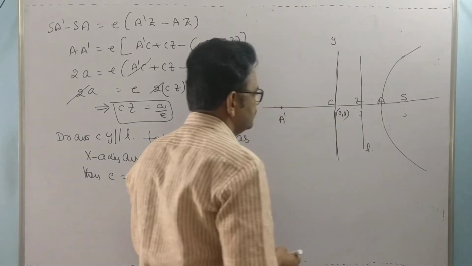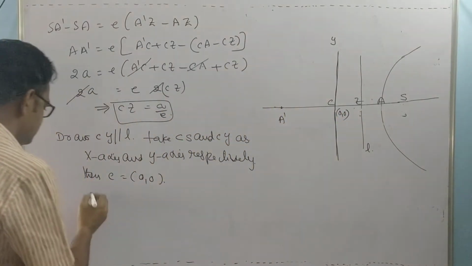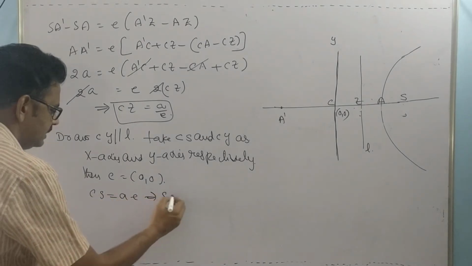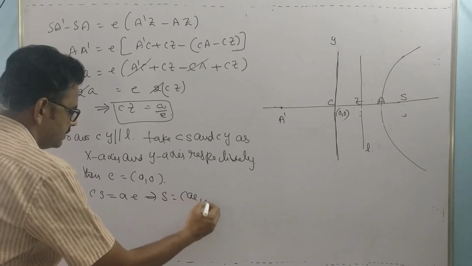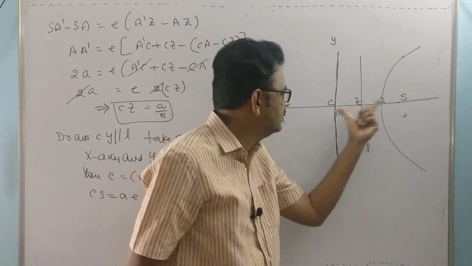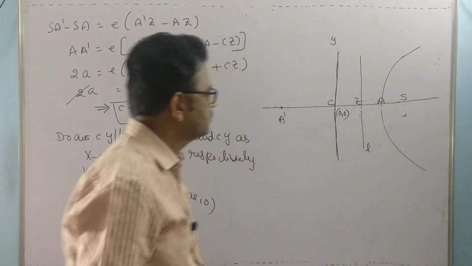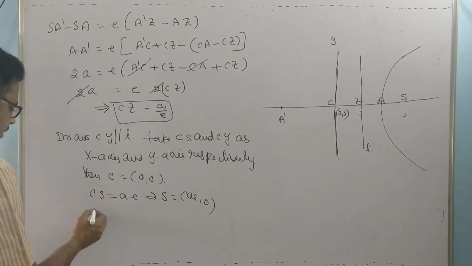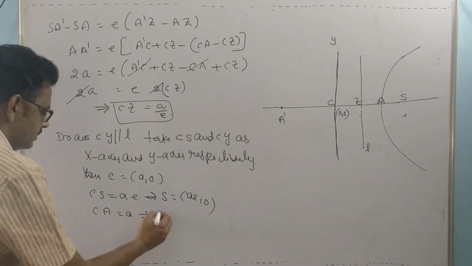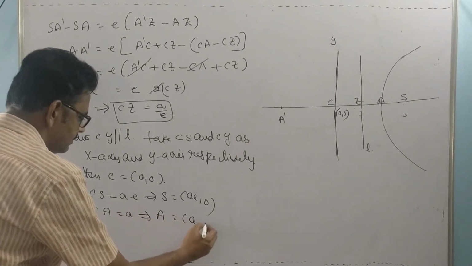Origin 0, 0. And what about CS equal to? CS equal to AE implies S coordinates AE, 0 because this is x-axis. S lies on x-axis, y coordinate 0 and CS equal to AE, therefore S coordinates AE, 0. And CA is equal to A implies A coordinates A, 0.